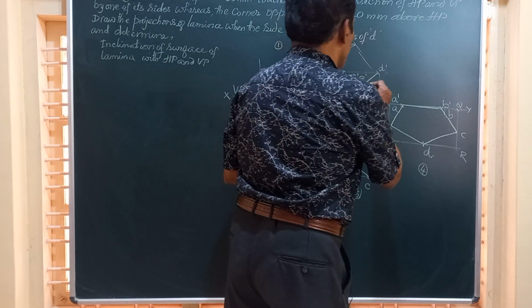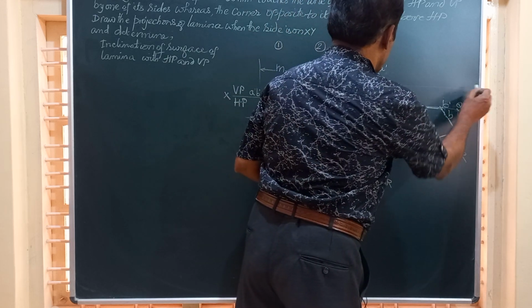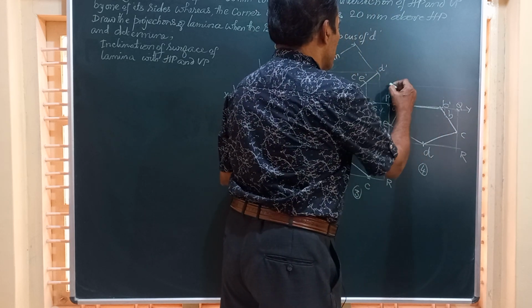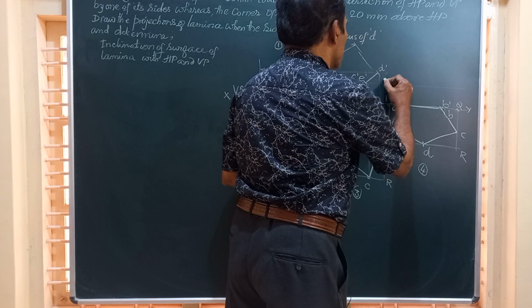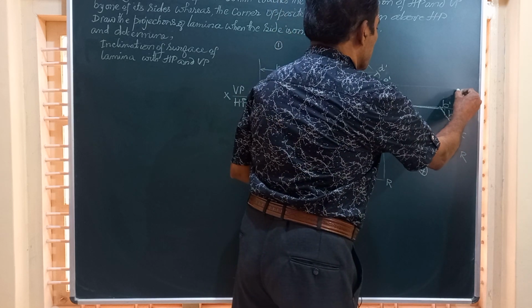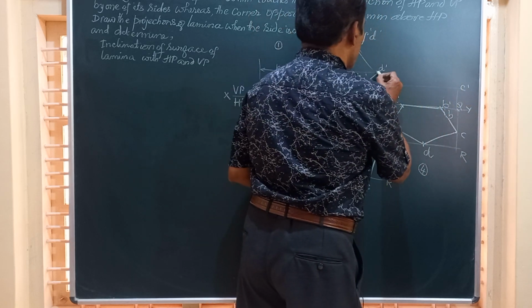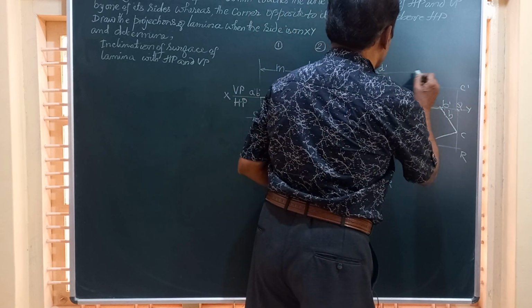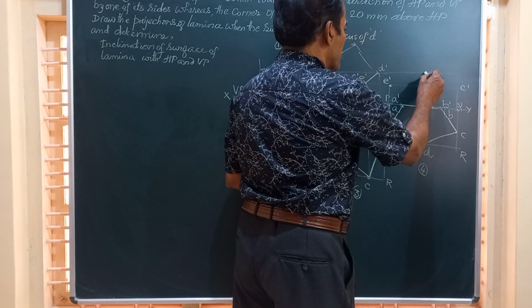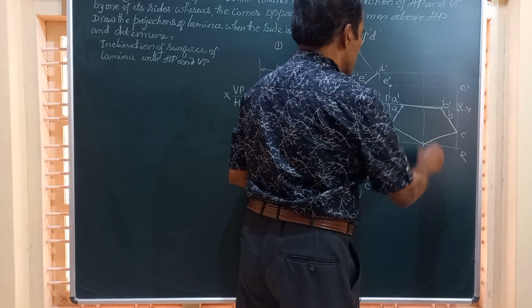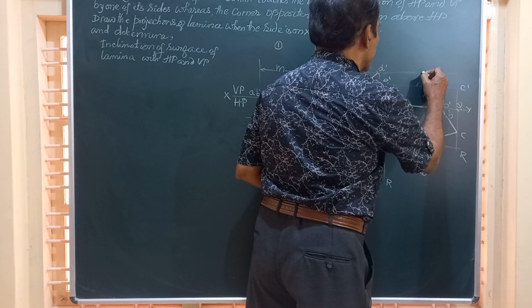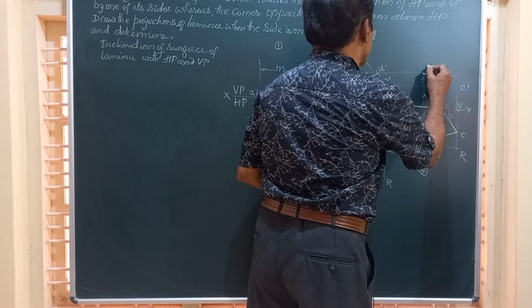Then C and E will lie on this. So to get E, you have to erect a vertical from here. This is point E dash, and similarly you get point C dash here. Finally, the corner D, horizontal line from the corner, vertical line from here. The point where those two intersect is the point D dash.